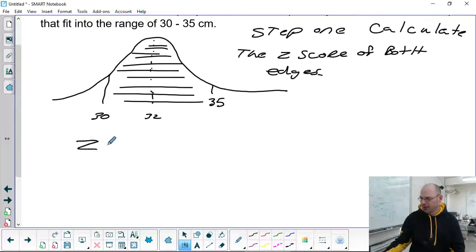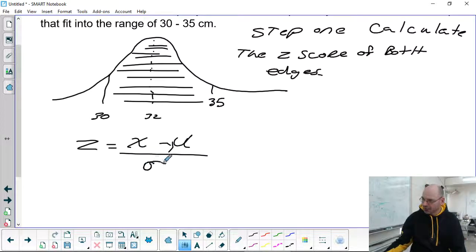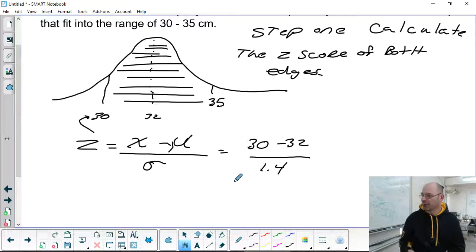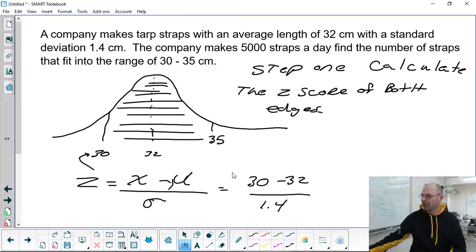So z-score formula is the point minus the mean, which is a fancy U, over standard deviation. So in our case, we're going to do this one first. So we'll go 30 minus 32 over 1.4, because that was our standard deviation, I believe.